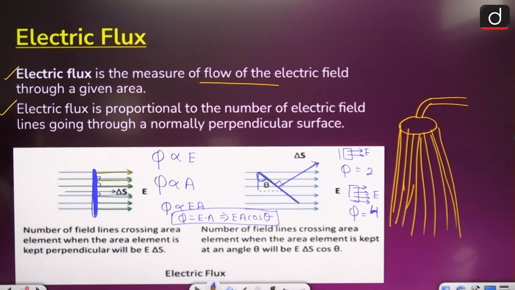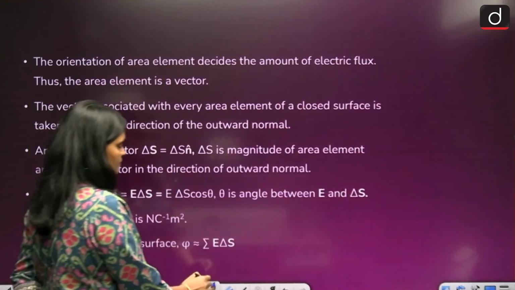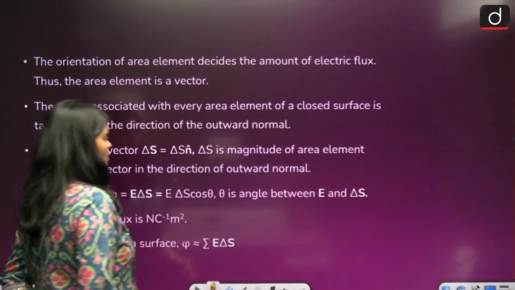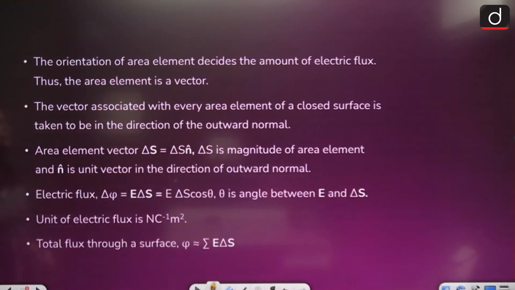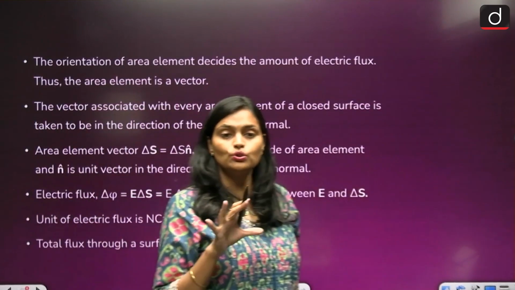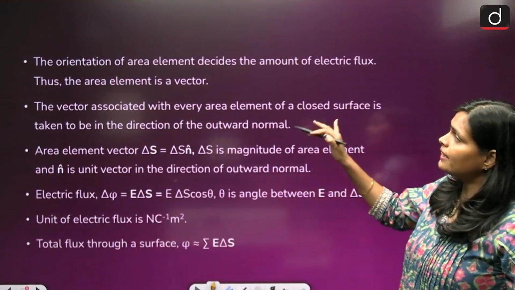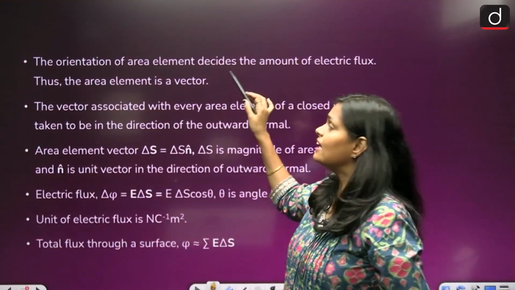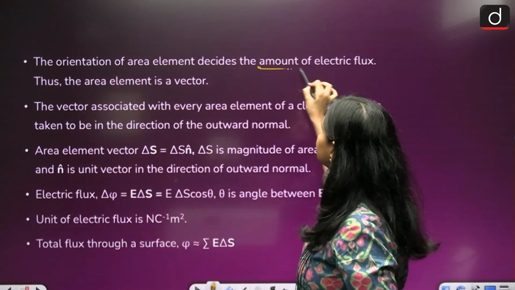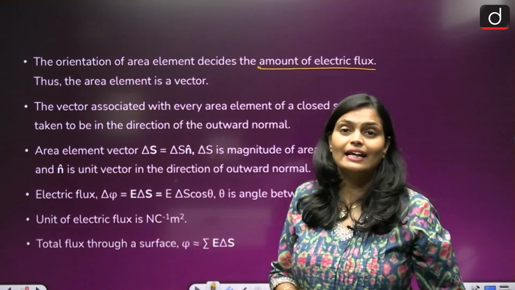It is the angle between electric field line and the surface. So the orientation of area element decides the amount of electric flux, right? The orientation of area element decides the amount of electric flux.